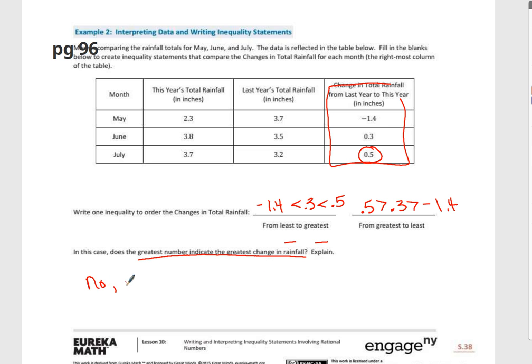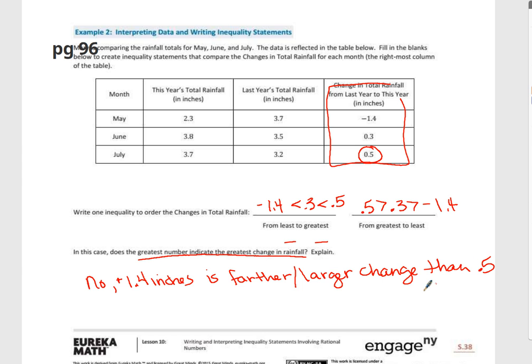No. 1.4, okay, negative 1.4, oh, we can't have negative, so 1.4 inches, is farther or larger change, okay, than 0.5. And what I mean by that is there was almost an 1.5 inch difference in the amount of rain for this part, and there was only a 0.5 inch difference of rain in the second number.